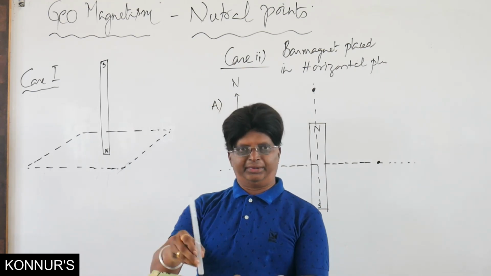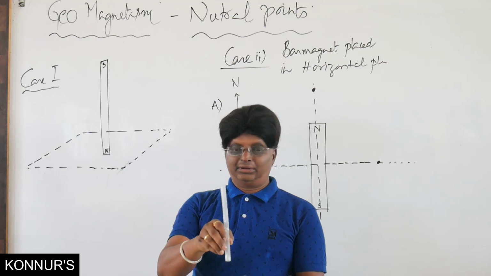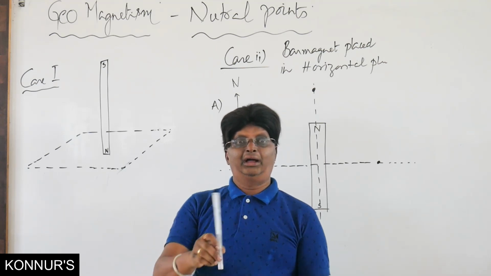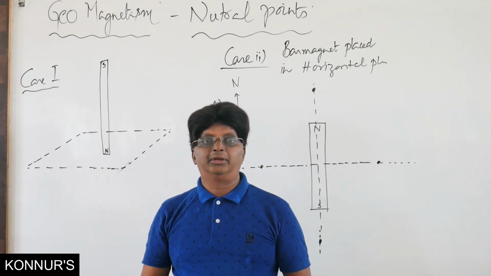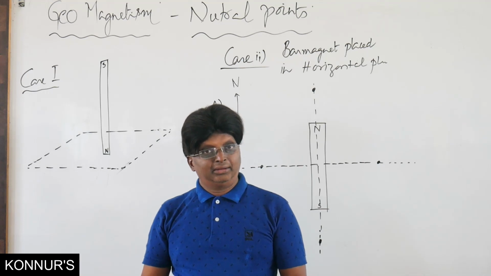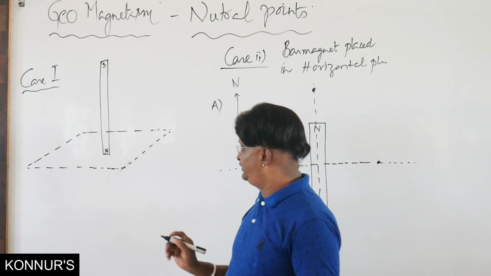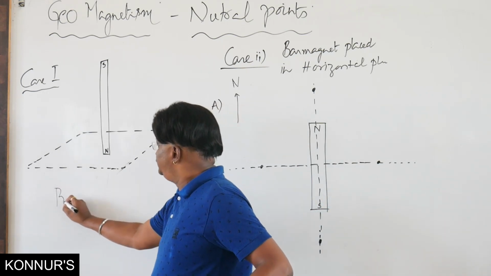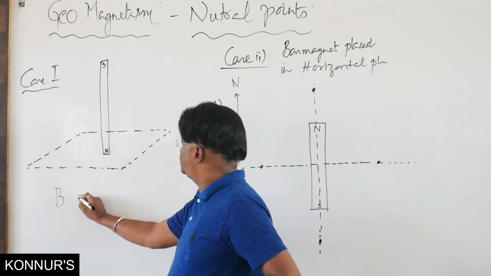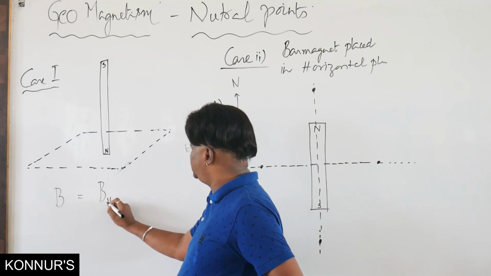So this is a horizontal plane, so we have to consider the horizontal component, therefore BH, and the other, capital B, is the magnetic induction produced by the monopole. Now the condition is very simple: B due to monopole is equal to BH due to Earth.